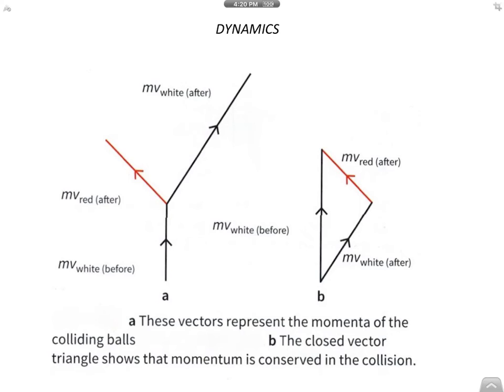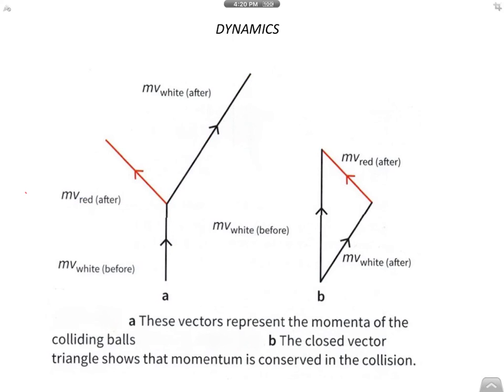Let's say this is my momentum initially. If I break it down after the collision, I will have two momentums. If I resolve this into two components and this into two components, the vertical plus vertical will equal this, but the horizontal and the horizontal will cancel out each other. That's what I'm trying to say.